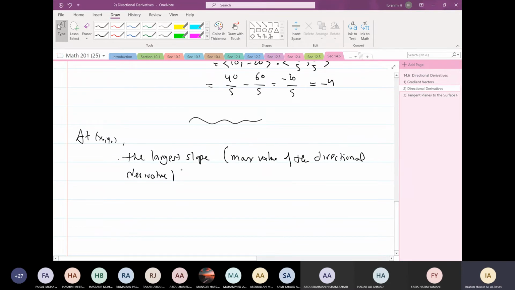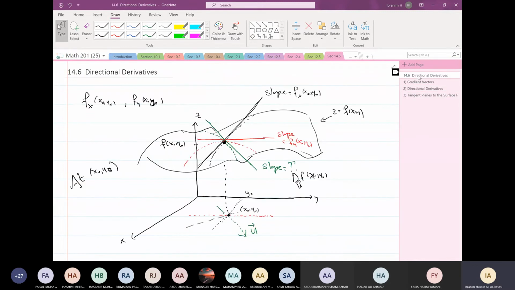The answer is the following. The largest slope is the following. It is the magnitude of the gradient of the function. Okay. This is the largest slope. Okay, when you find the largest slope, we also need to know in which direction this largest slope occurs. In which direction, okay.